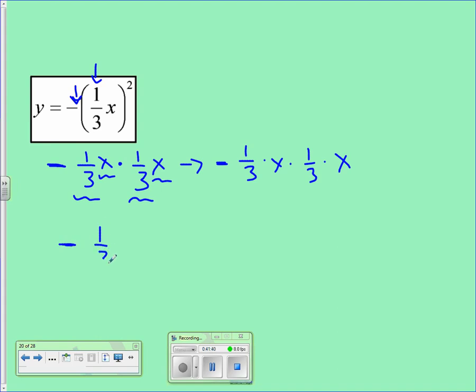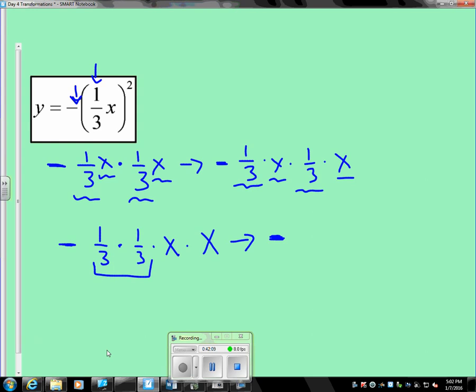You have 1/3, which is this one here, times 1/3 times x times x. Now, our last step, keep your negative out in front. And we need to multiply 1/3 times 1/3.